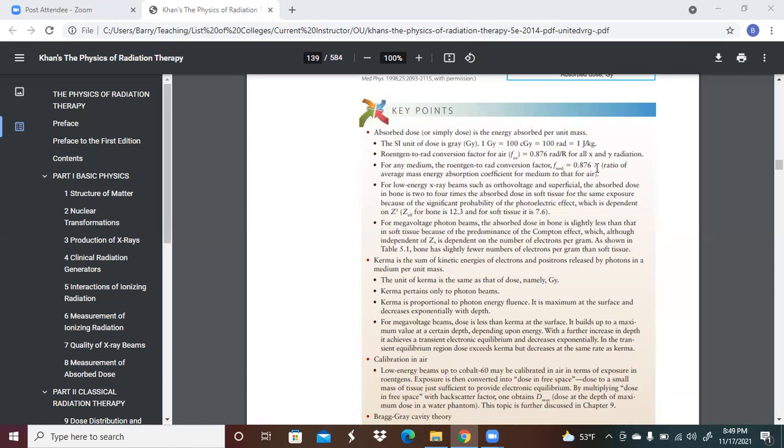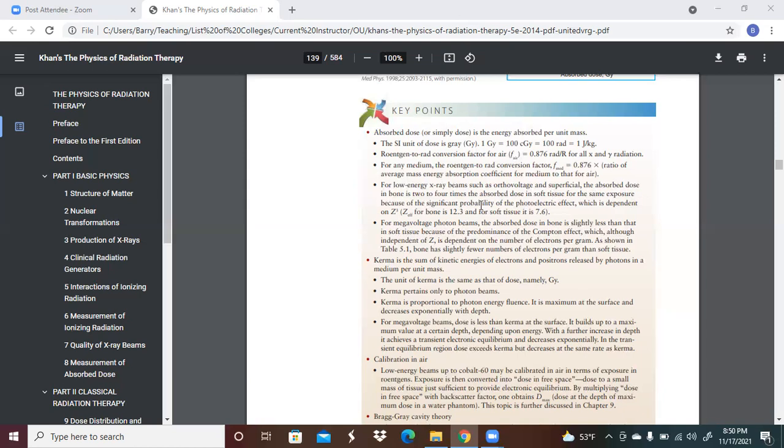So now we have a way of correlating exposure into dose by taking a ratio of what is released in the medium to what is released in the air. For low energy X-ray beams like orthovoltage and superficial, the absorbed dose in bone is going to be 2 to 4 times the absorbed dose in soft tissue.